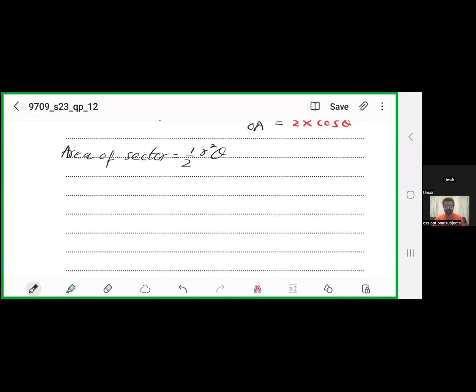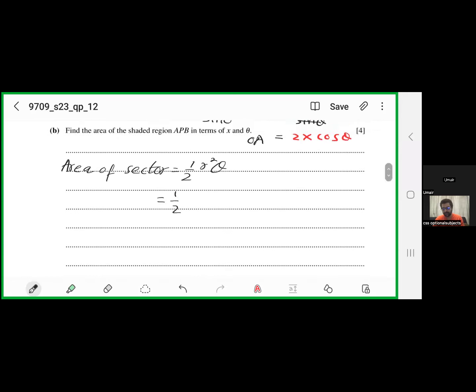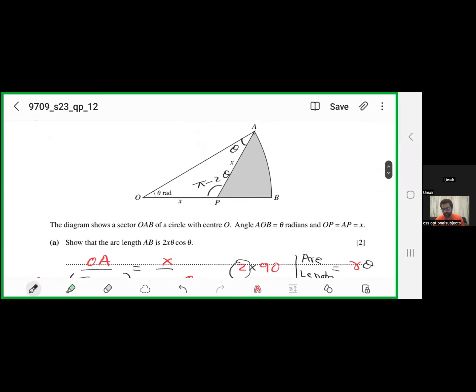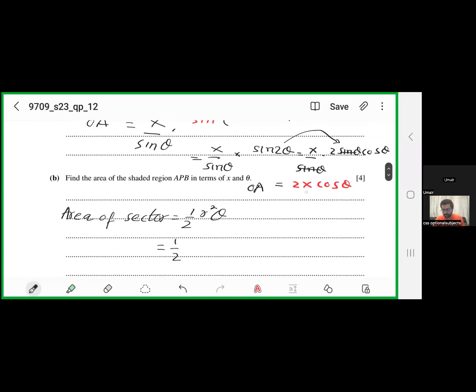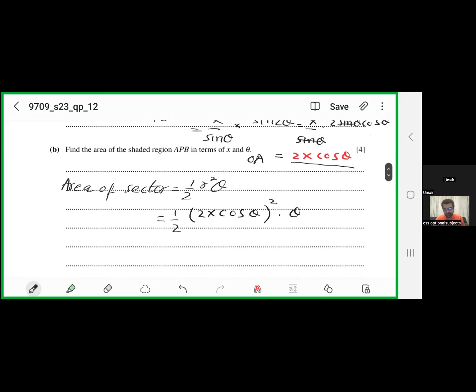R is the radius of the sector which we have just obtained, 2x cos theta. So in place of r, use 2x cos theta, squared, times theta. This is the area of the sector.